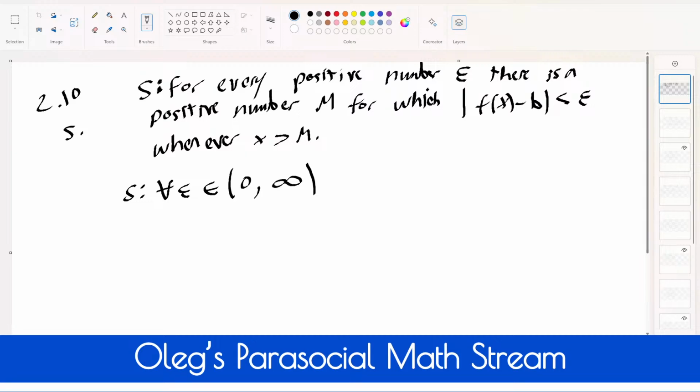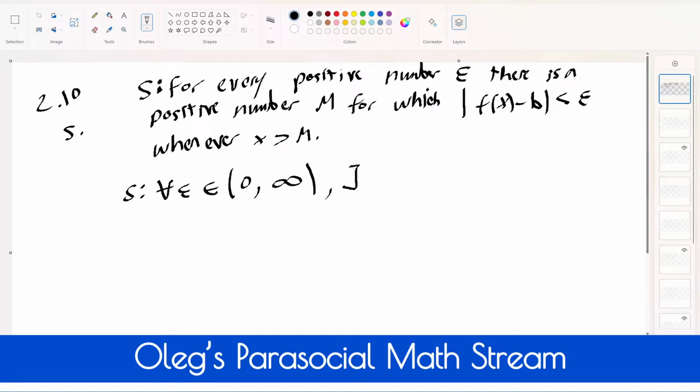Basically we just define this: epsilon is positive, and it ranges from 0 to infinity. So for all epsilon containing, that's containing, by the way, it's different, from 0 to infinity. That's why I wrote positive, but they wrote it that way. That's fine.